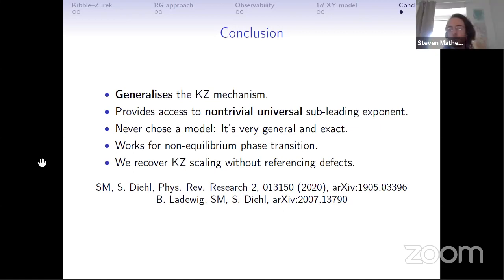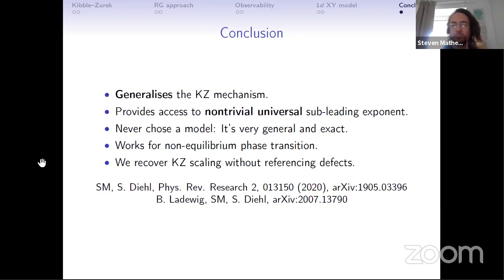Definitely. For example, is there a different coarsening for the Kibble-Zurek scaling or the new scaling? That would be an interesting question, and we just haven't looked at that. We were really focused on the most universal part of the problem right now.